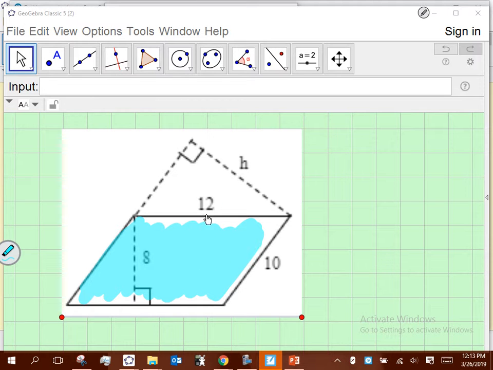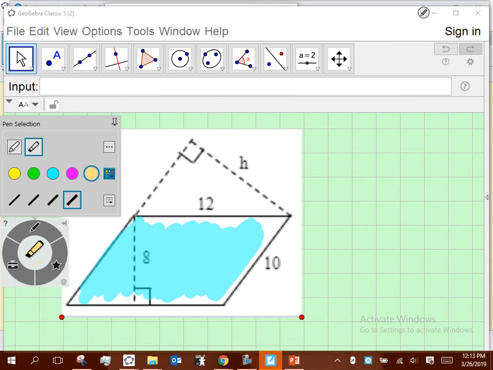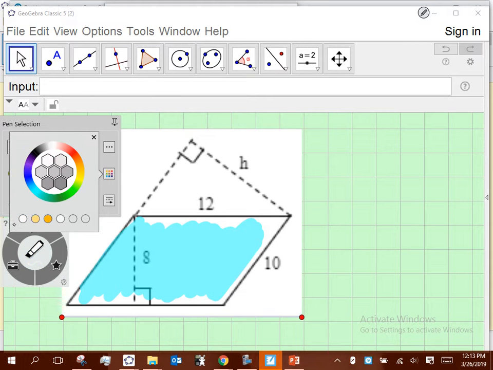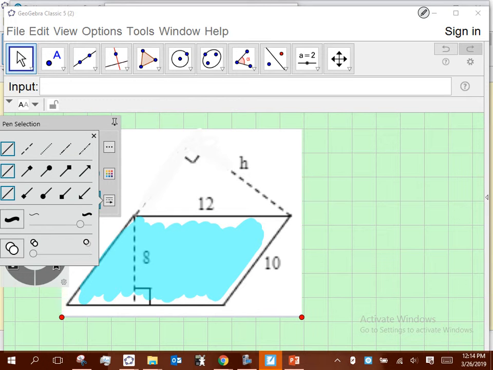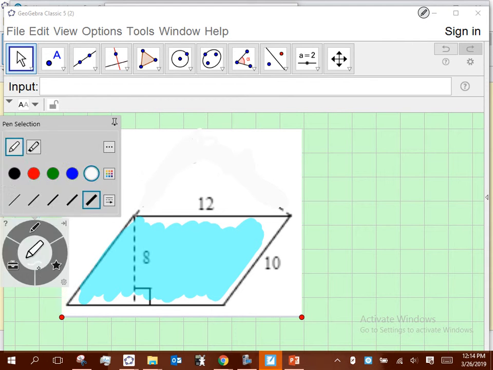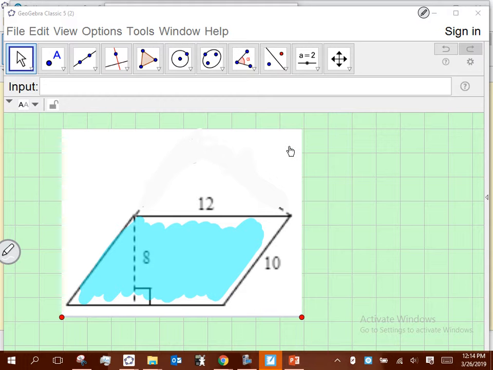So they want to find the area of that thing, okay? If I was using just that information, how do I find the area of that parallelogram? 12 times 8, okay? So 12 times 8 gives me 96.